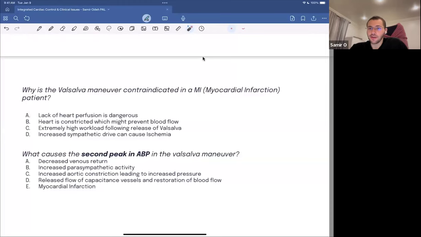But essentially, if I may just spoil the fun, in phase 4, what we're seeing is the restoration of blood flow because we released the Valsalva maneuver in phase 3. What that does is it's going to dilate the aorta because there's no more pressure compressing the aorta.